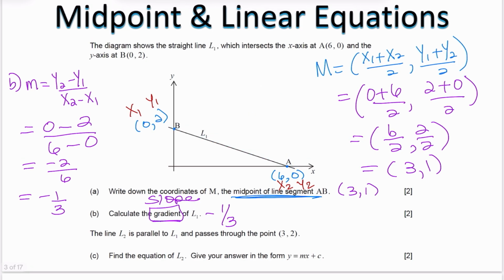The next part of the question says the line L2 is parallel to L1 and passes through the point (3, 2). Find the equation of L2. If it is parallel, that means it has the same gradient, the same slope. So that means that I'm going to write my slope is negative 1/3 and it has to pass through the point (3, 2).